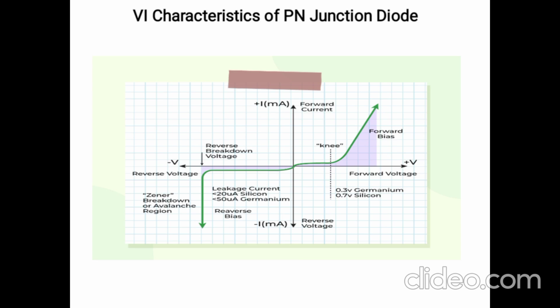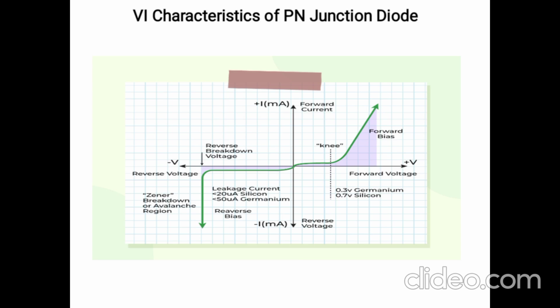Next, under reverse bias condition, theoretically no current flows in the external circuit, but in practice a very small amount of current, a few microamperes, flows in reverse bias.